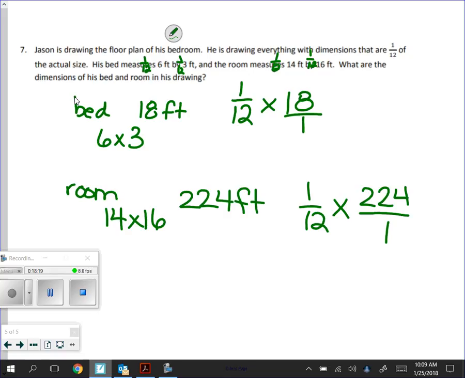So if we did the full area, that would end up being 1.5. Wow, 224 over 12.